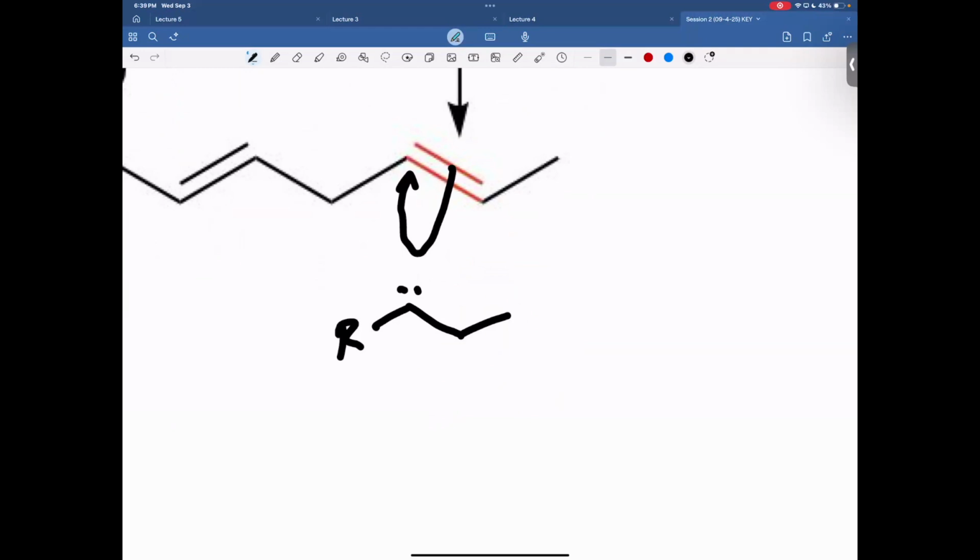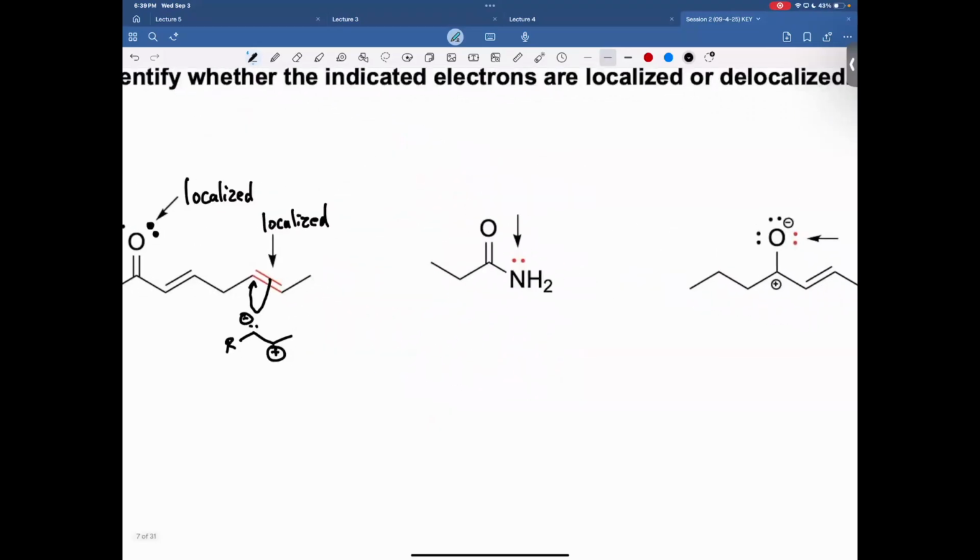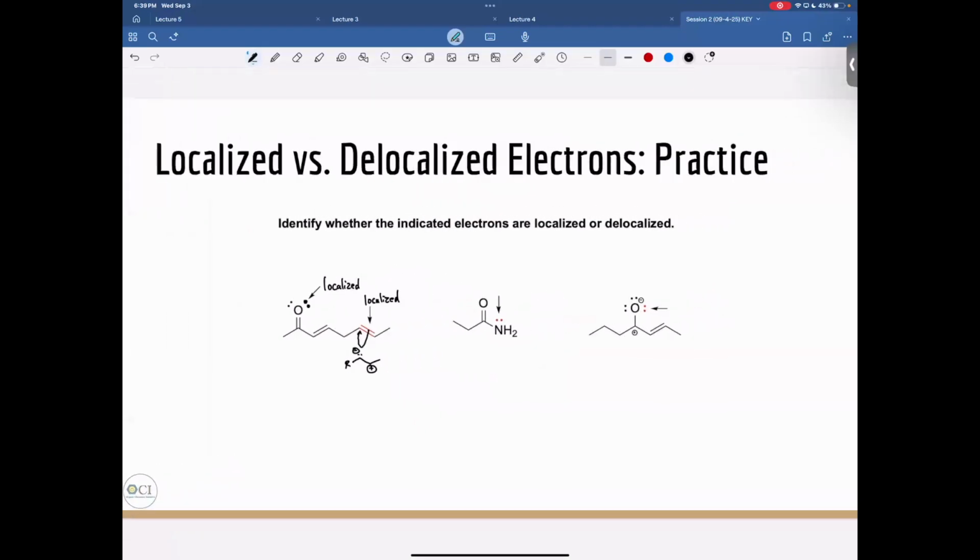You don't want to create unnecessary charges, basically. The only time you do that is between a pi bond with atoms of different electronegativities. It's the only time you'll create more charges than there were before. Make sense? All right. I'm gonna let you guys do the next two problems.